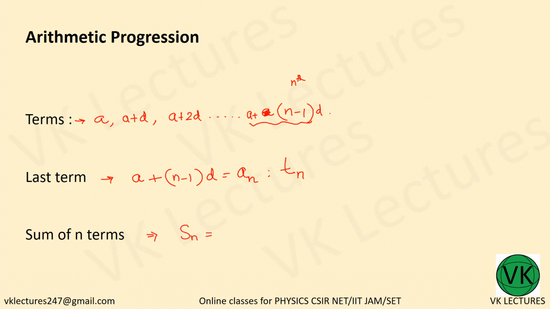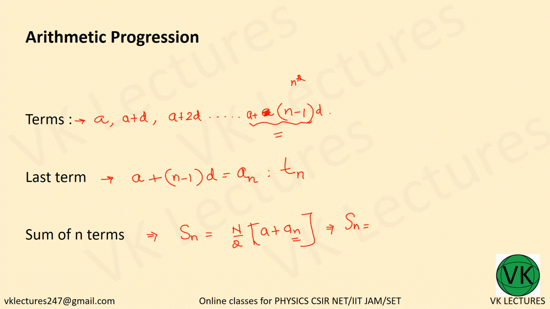S_n is equal to n by 2 times a plus a_n, the last term. Another formula is also there, S_n equal to, just rearrange a_n. Rearrange means write what is a_n here.